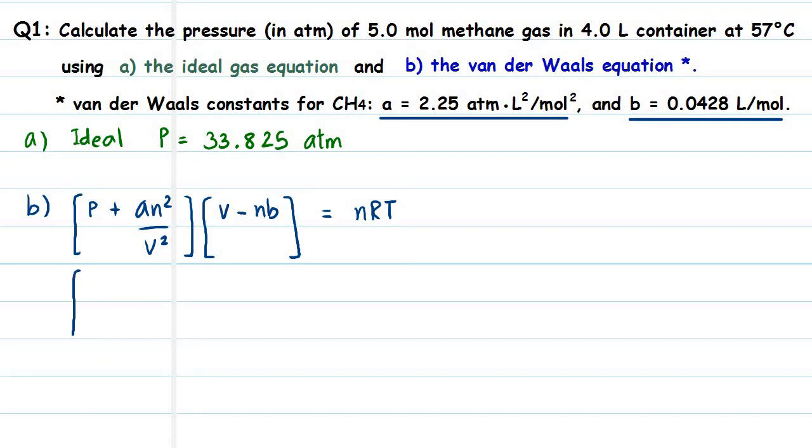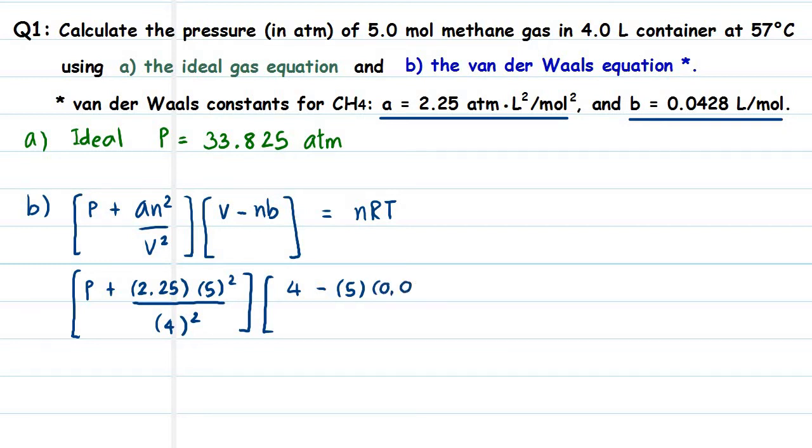We will get P plus a, which is 2.25, n, which is 5 mole, squared, over V, which is 4 liter, squared, and then we times V, which is 4 liter, minus n, which is 5 mole, times b, which is 0.0428.